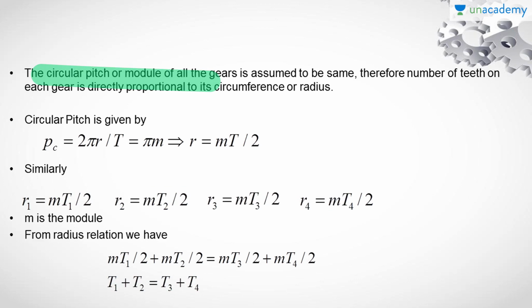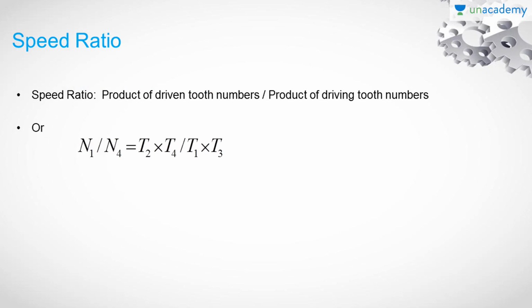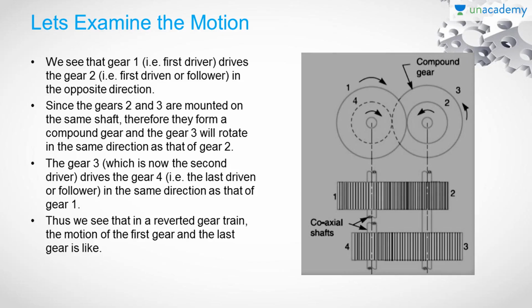Okay, so let's see. Here we have the speed ratio. We know that the speed ratio is the product of driven tooth numbers by the product of driving tooth numbers, right? So the driven members are T2 and T4, which are these two. This one is driven by this one, and this one is driven by gear 1, that is the first driving gear.